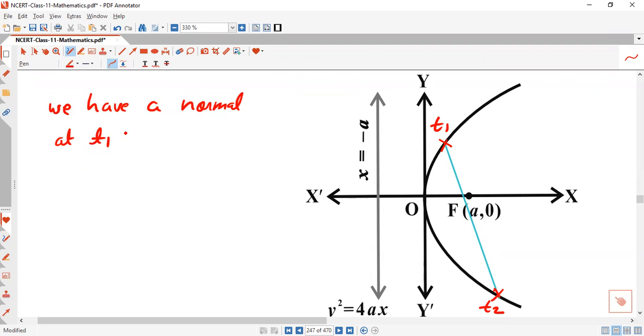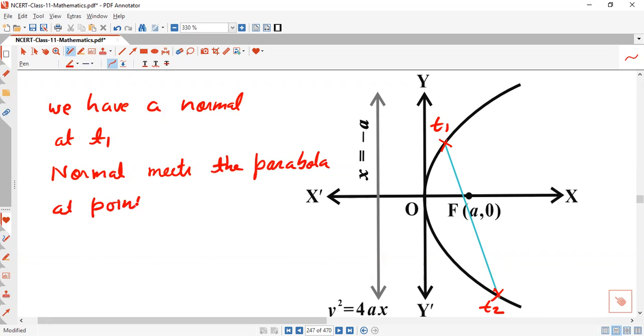And this normal meets the parabola at point T2. So what is the coordinate of T2, and what is the relationship between T2 and T1?